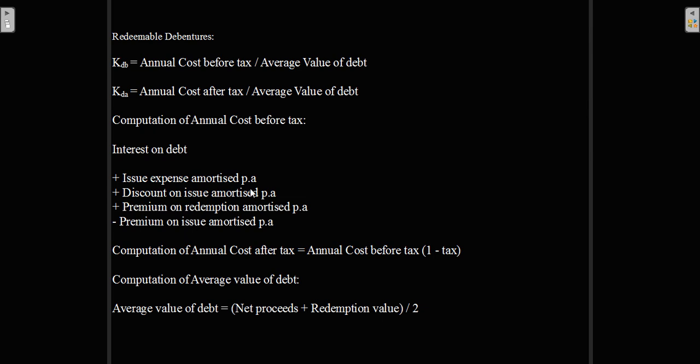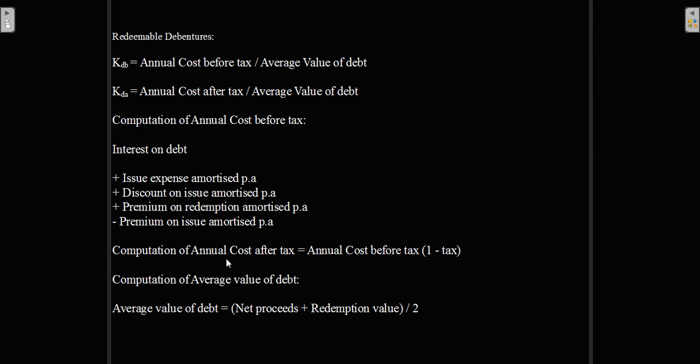This is amortized, which means, since this is a redeemable debenture, you will divide this expense by 5 years or 7 years or 10 years depending on how many years after which this debenture will be redeemed.